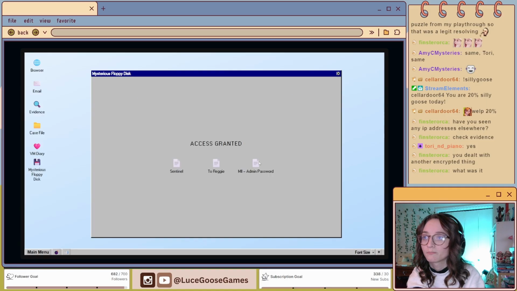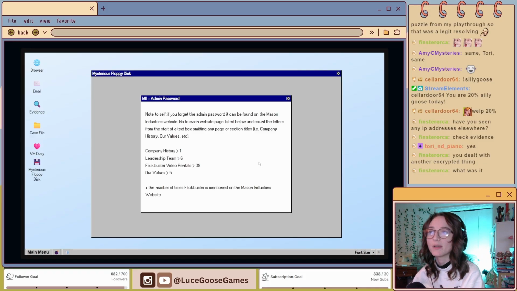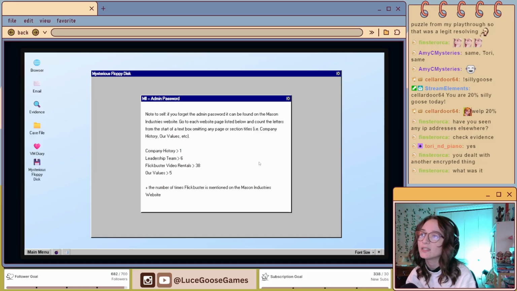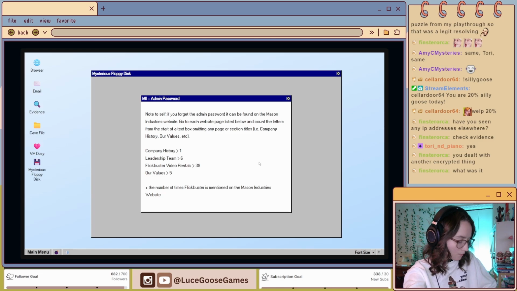The Phantom. Admin password. Note to self, if you forget the admin password, it can be found on the Mason Industries website. Go to each website page listed below and count the letters from the start of a text box, omitting any page or section titles. Okay, company history. Leadership team.